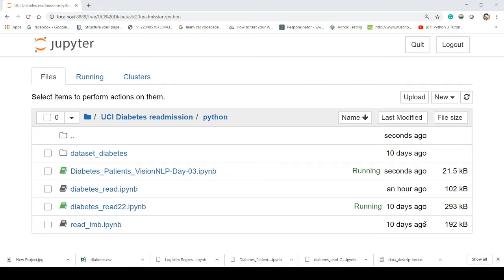Guys, just wait a second. I'm just checking whether you can see my Jupyter notebook or not.